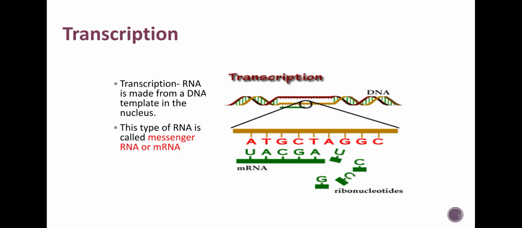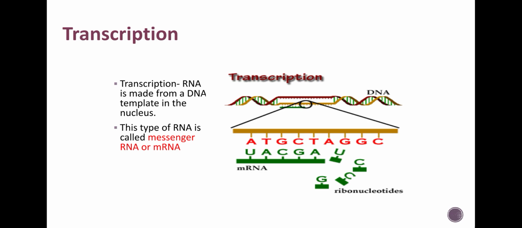Heterogeneous nuclear RNA is the RNA formed directly by DNA transcription. Post-transcription processing converts the heterogeneous nuclear RNA to messenger RNA, which carries instructions for protein synthesis to the sites for protein synthesis.